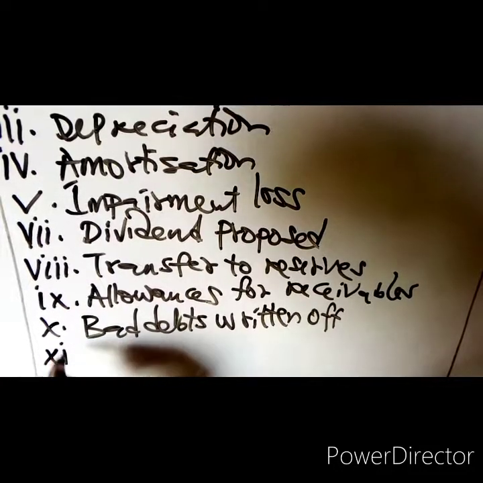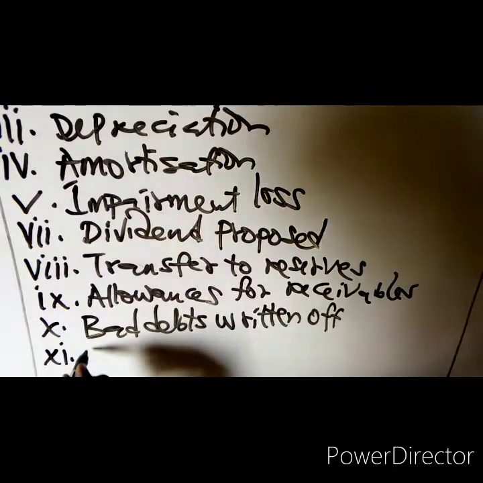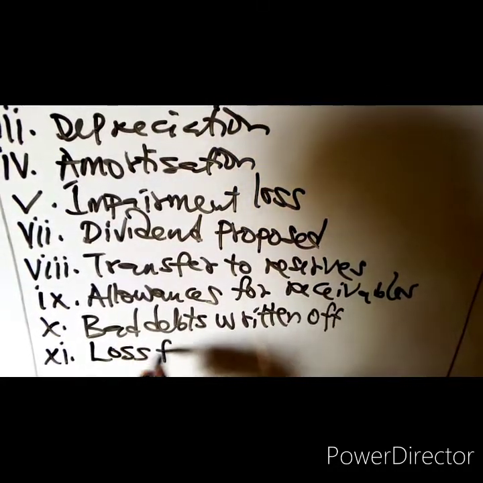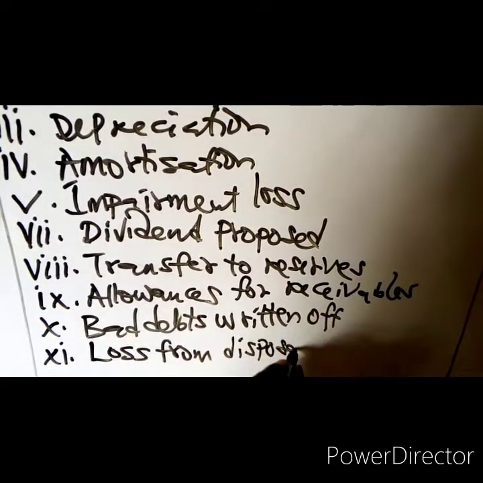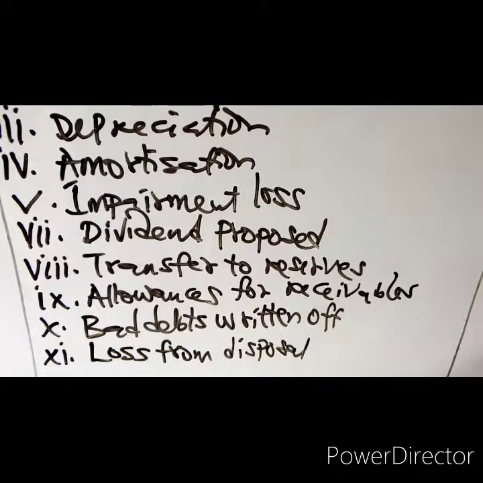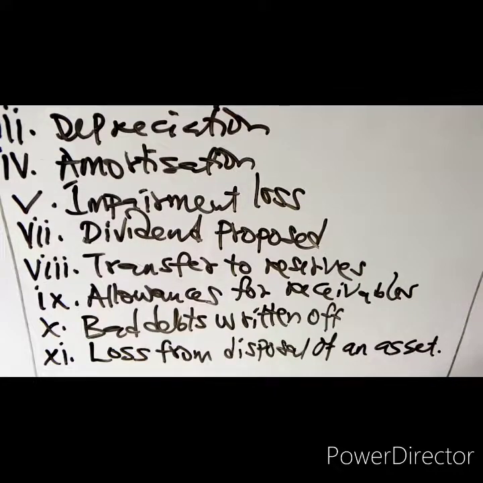Number 11, loss from disposal of an asset. Loss from disposal of non-current assets should not be recorded in the cash budget.